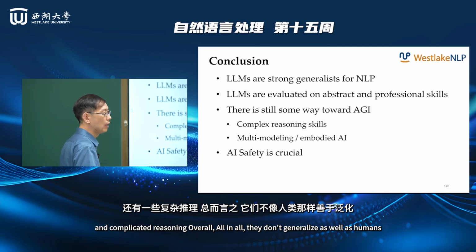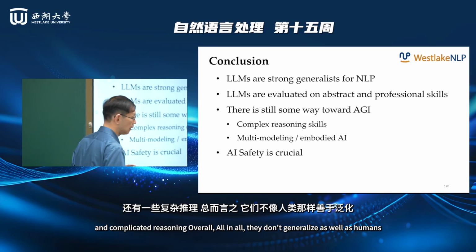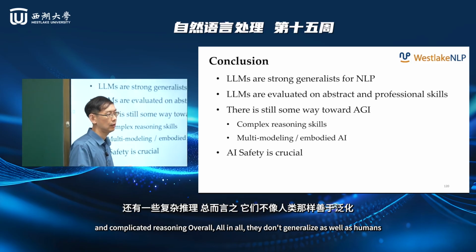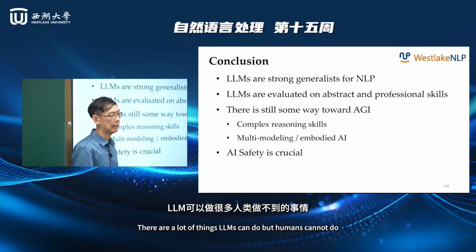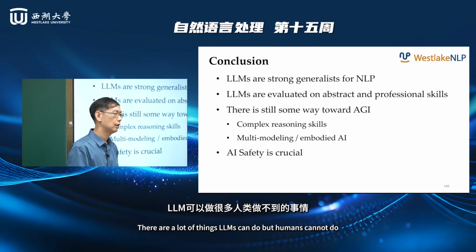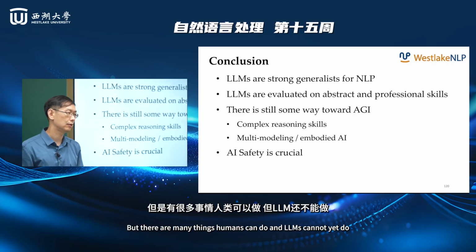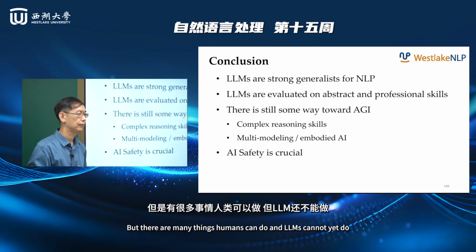All in all, they don't generalize as well as humans. There are a lot of things LLMs can do that humans cannot do, but there are many things humans can do that LLMs cannot yet do.